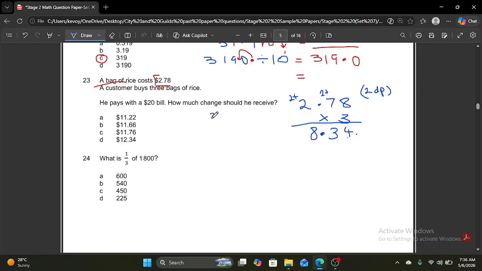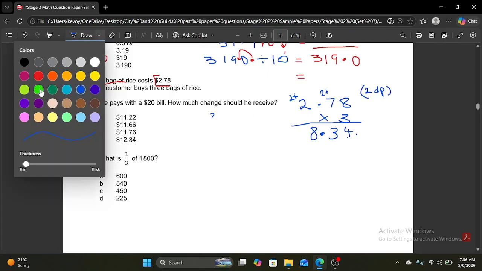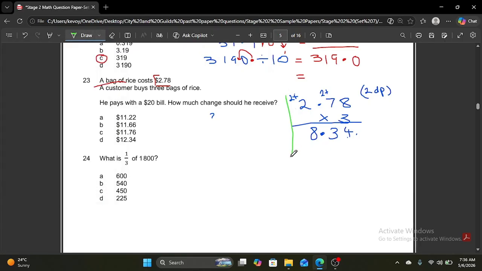All right, so after we have that, now we'll just simply write it out, because we need to find the change now. So if 3 bags of rice cost $8.34, what happens if we pay $20? Now we're going to subtract the 8.34 from the $20. So let's separate it right here, and we're going to write it in a different color.